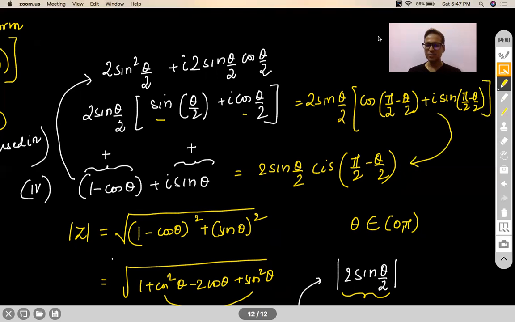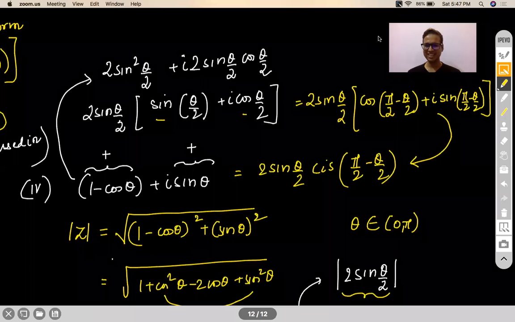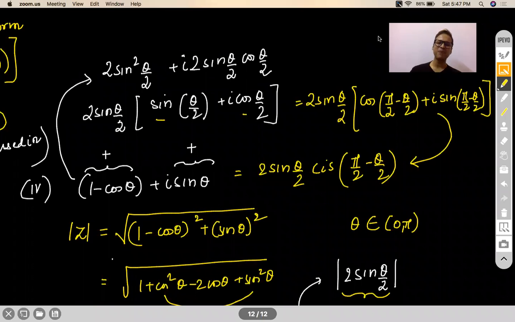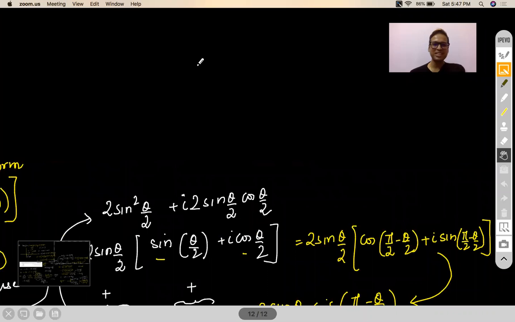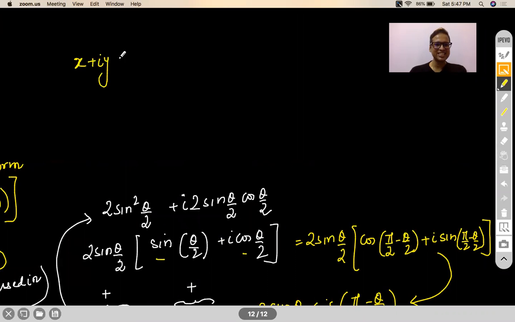What is the path it would trace? As in, if your theta varies, the path that it will trace would be obtained when you eliminate theta from both of them. So that could be one of the questions. This is just to answer Mr. Madhav.